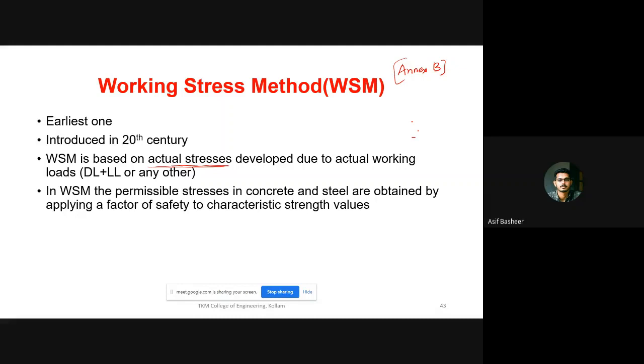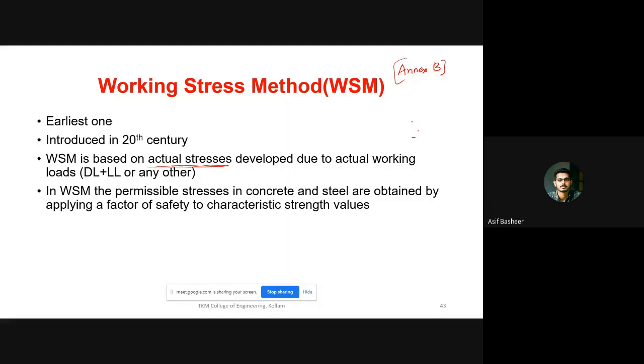If he can hold a weight of 50 kilogram, his maximum capability for holding is 50 kilogram. So we will assume that the maximum weight he can take is 50, but I will allow him only a weight of 20. For design purposes, I will decrease his strength.